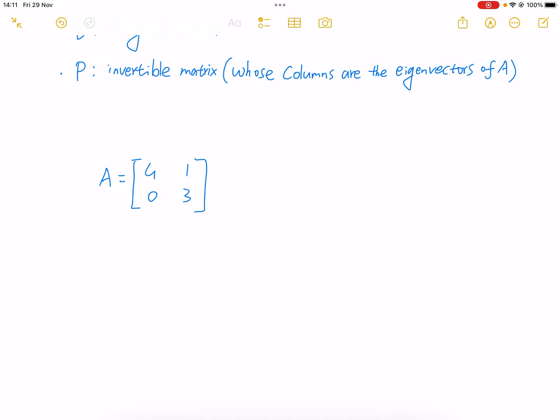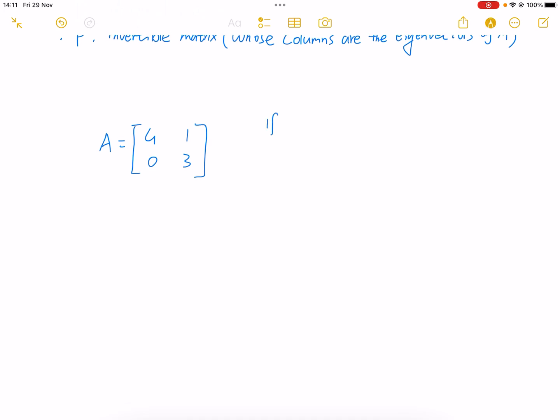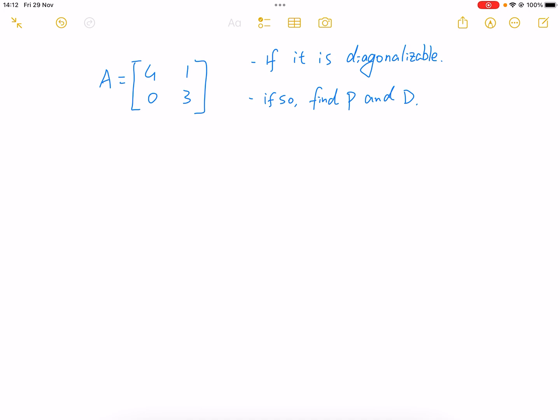We need to diagonalize the matrix A, determine if it's diagonalizable, and if so, find P and D. Now let's get started.